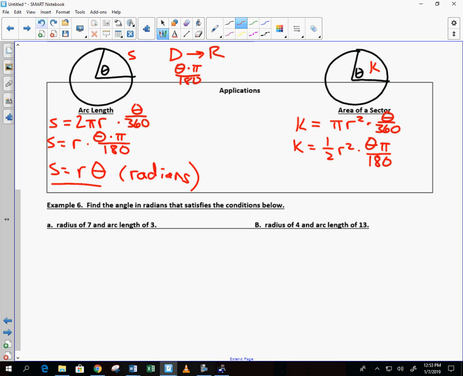Is everybody okay and convinced that those two are the same? I've just rewritten them, because the 360 is the 2 times 180. I still have the r squared, theta, and pi. Theta times pi over 180 is just your conversion of degrees to radians. So the area of a sector is 1/2 r squared theta, where theta is in radians.